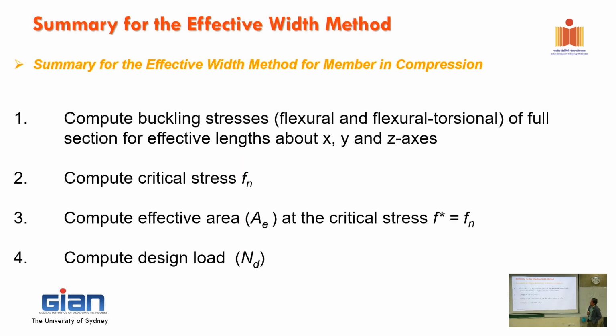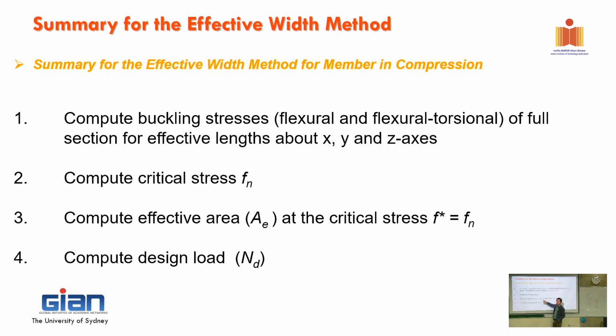Now before I move on to the design of beams, I'll just make a summary of how you design a column using the effective width method. First you calculate the buckling stress. Remember Fox, Foy, and Foz, those three. Then you plug into the equation, and you work out the critical stress Fn.